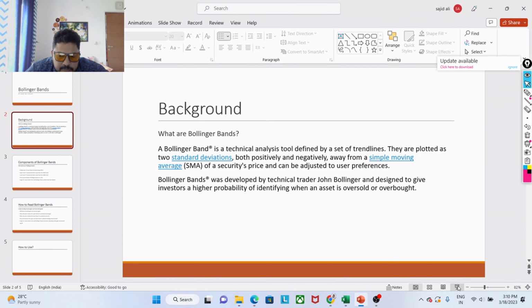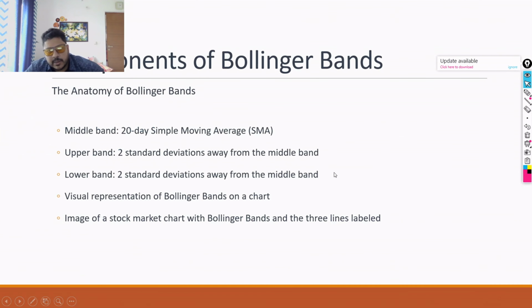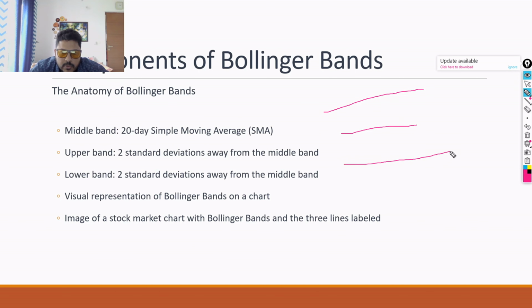Now coming to the second point, which is what are the components of the Bollinger Band. A Bollinger Band will have a 20 period moving average, the center line, something like this, and there will be an upper band and a lower band.